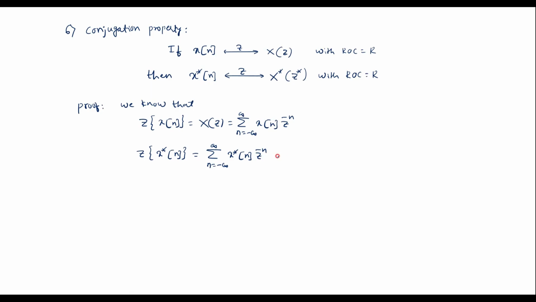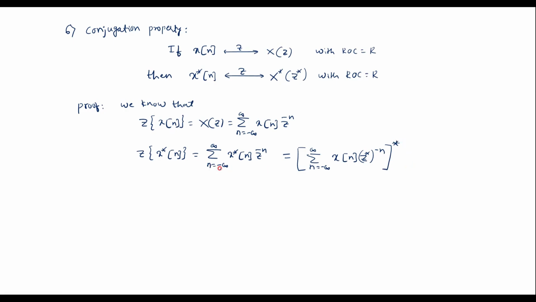So this equation can also be represented as summation n equal to minus infinity to infinity x(n) times z star power minus n, all starred.